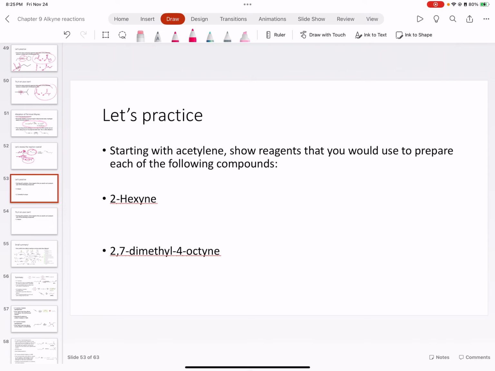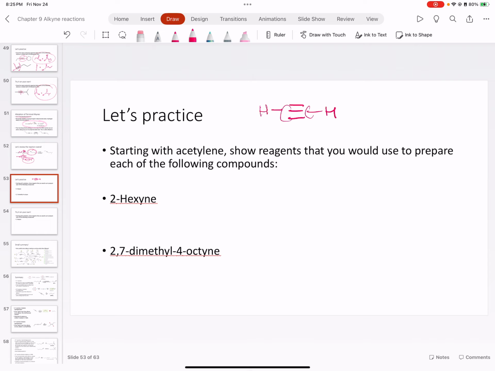Okay, let's practice. Starting with acetylene. Acetylene is a carbon-carbon triple bond.